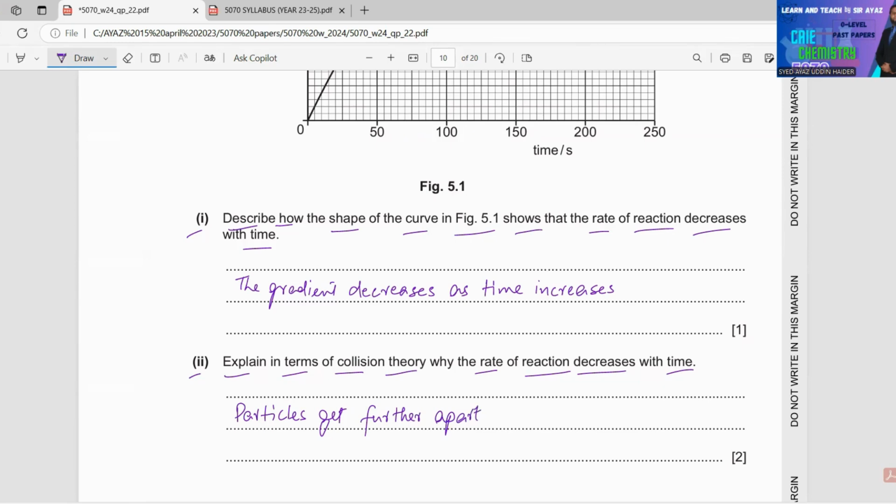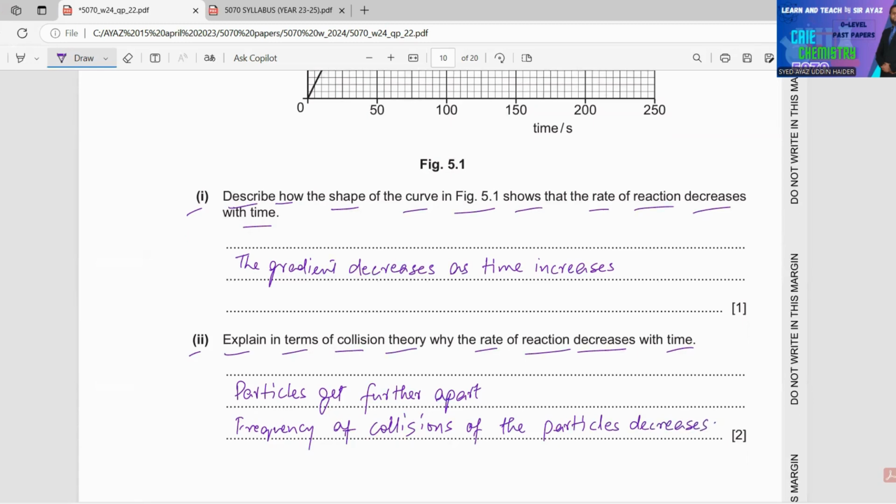Frequency of collisions of the particles decreases.